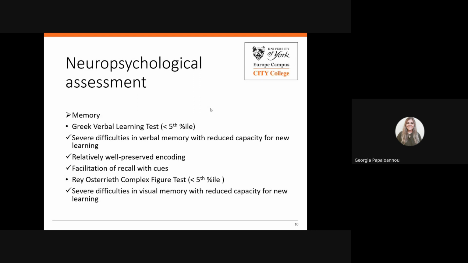However, when we gave cues for her to recall this verbal information, we could actually see that there were memory traces left of them. And as far as it has to do with visual memory, we've given the Rey-Osterrieth complex figure test, which actually also revealed severe difficulties in visual memory, of course, with reduced capacity for new learning.